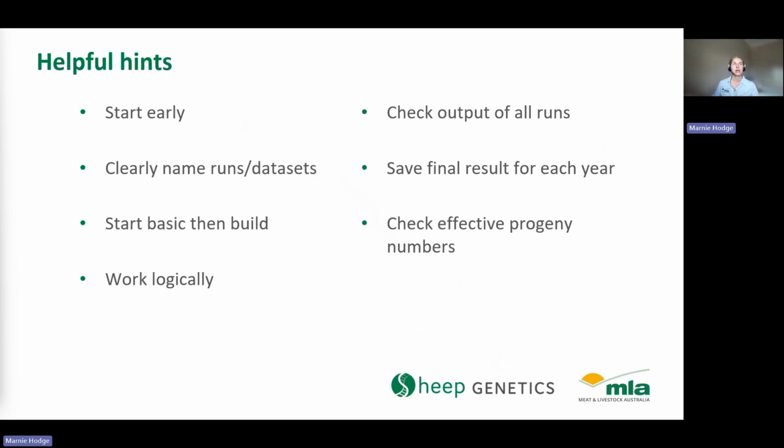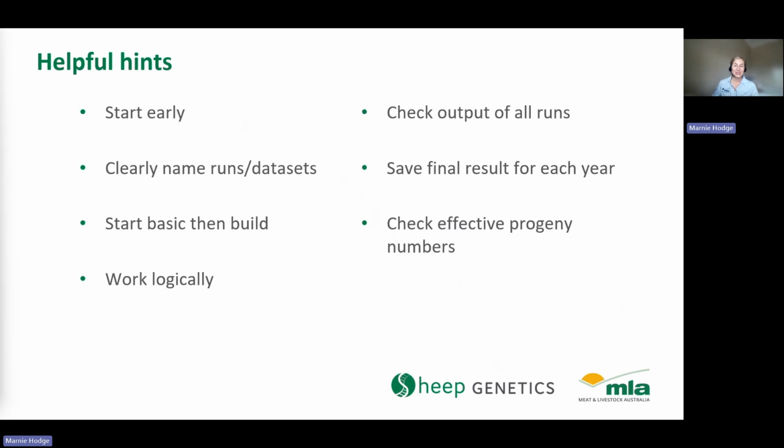Or are you using a ram in AI that you're then going to collect fresh on the day and then put out with a bunch of ewes to natural mate later? Just thinking about the logistics essentially for your individual case. We want to have a look at all of the output files from all of the runs just to make sure that MateCell is doing the correct job essentially, and we'll talk through that a little bit later.